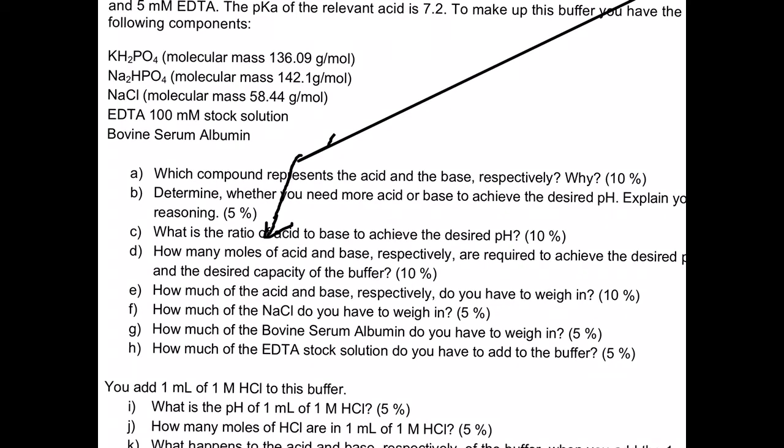Now for the next part, how many moles of acid and base respectively are required to achieve the desired pH and the desired capacity. Now be careful, it says here how many moles. So we're looking for an amount, and we know that it is 200 millimolar phosphate buffer and 500 milliliters.